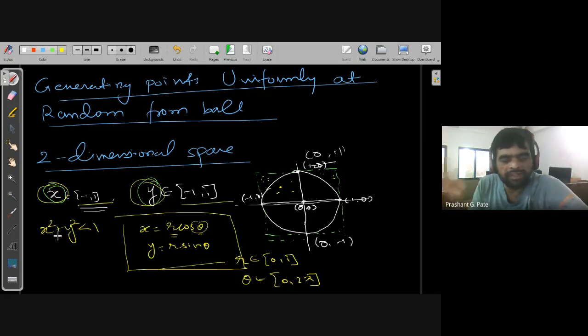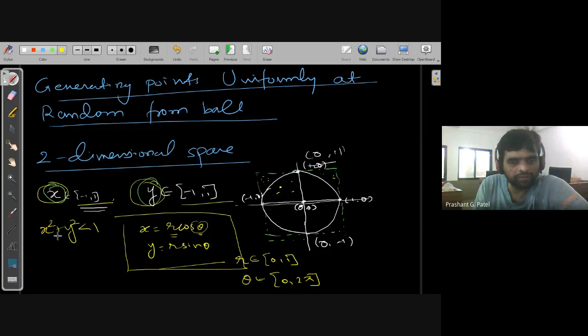Okay, but this method will not work for generating points on the d-dimensional unit ball. So the solution is to generate the point whose coordinates are independent Gaussian variables.